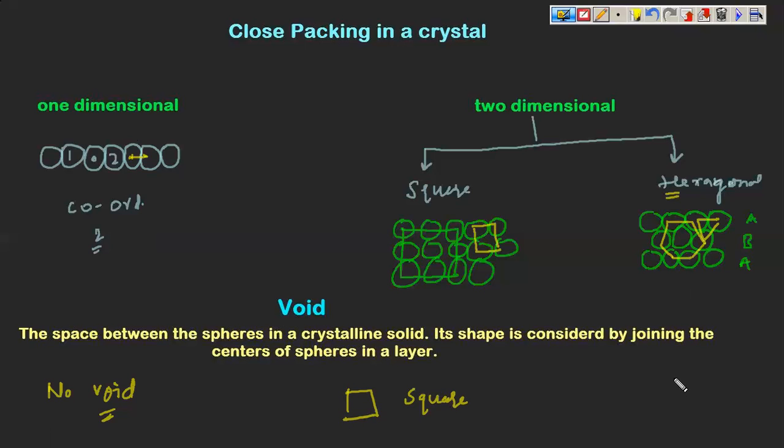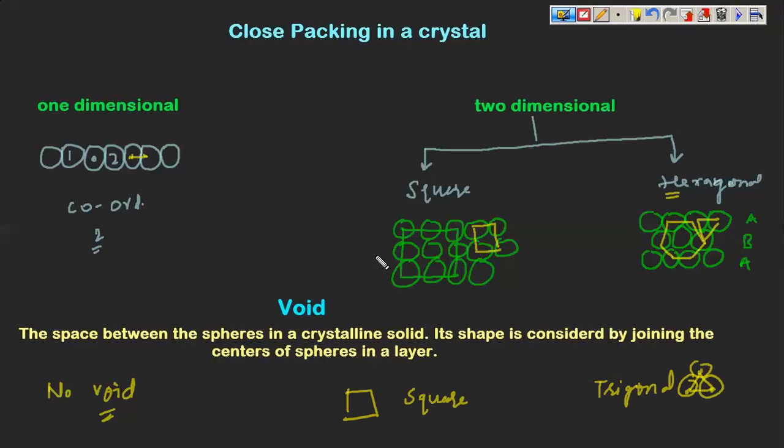In hexagonal close packing, if you consider the nearest neighbors, the shape of the void formed here is trigonal, like this. Trigonal voids are formed when the particles are arranged hexagonally.